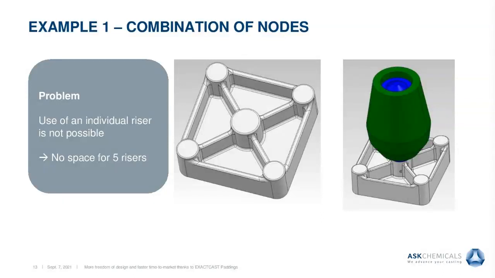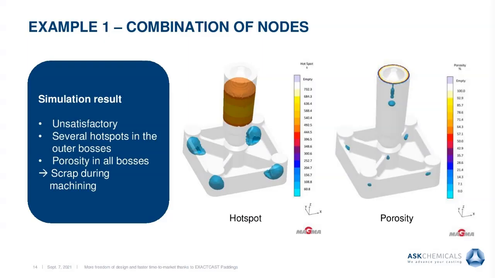But as you can see already, when I place a riser which is the right size, or the modulus you have to use here, you see there is no space for placing a riser on every boss. So we have an issue here with our standard riser placement portfolio.